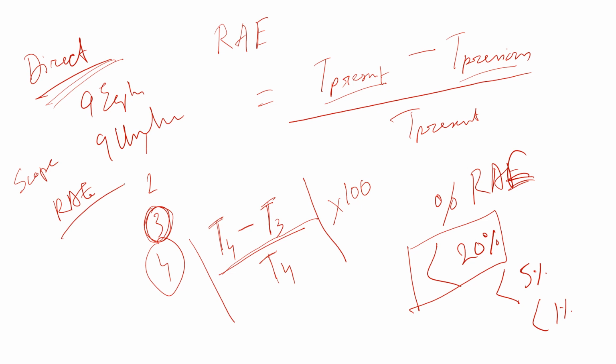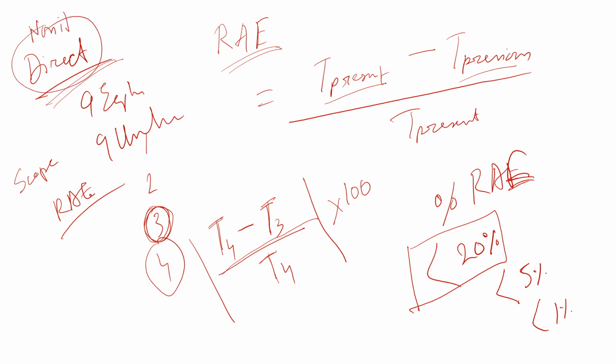But in case of the Gauss-Seidel method, as it is an iterative method, you can analyze the RAE, relative absolute error, and accordingly you move ahead for a better solution, right?